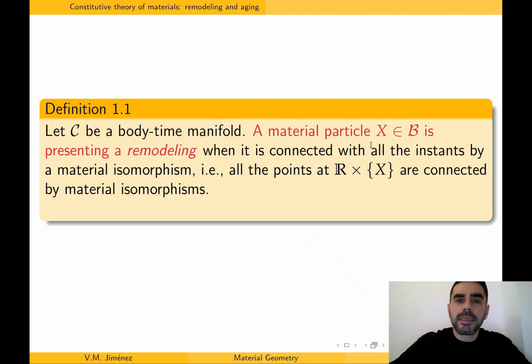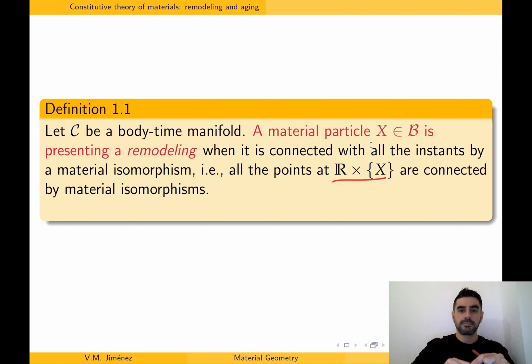So okay, let me just give you the definition of these properties. First, a particle is presenting a remodeling when the points at this space are connected by a material isomorphism. In other words, a material particle is presenting a remodeling when the intrinsic properties haven't changed in time.